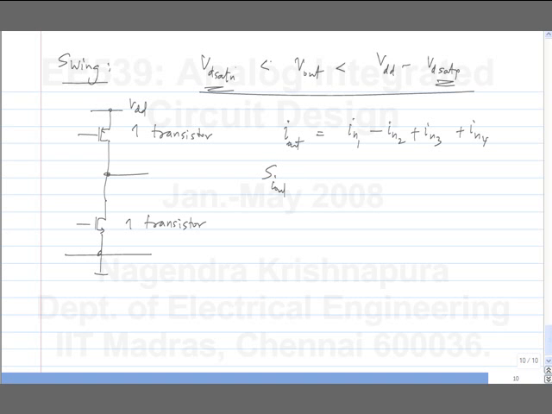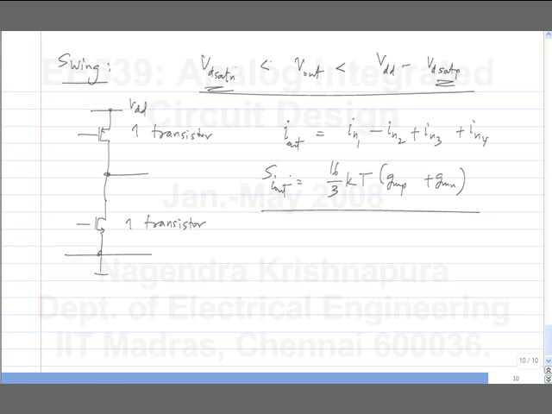So its spectral density was what? And what will be the output voltage spectral density? Yeah, it's this multiplied by the square of the output resistance, which is GDSP plus GDSN.